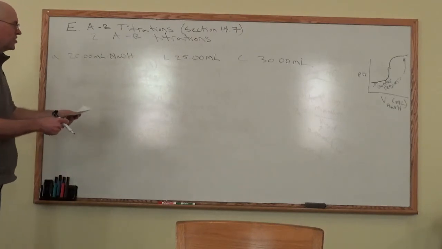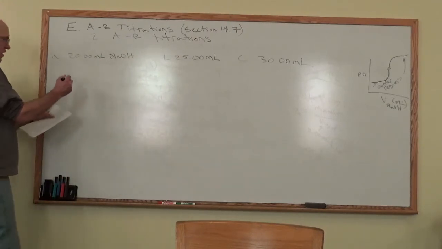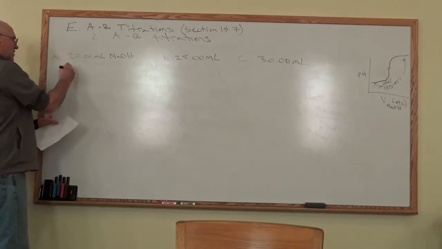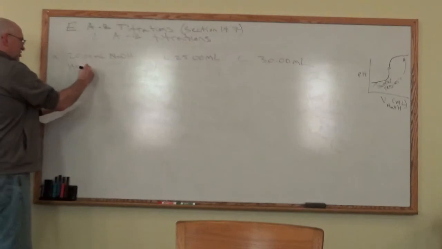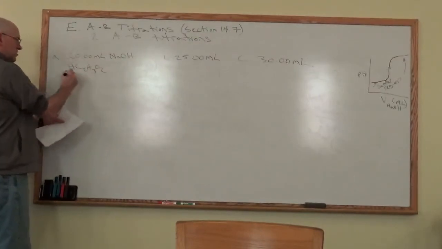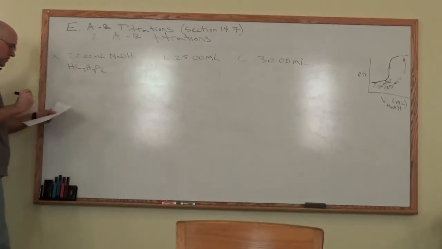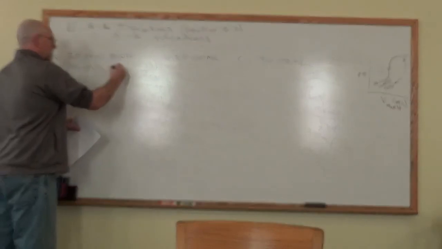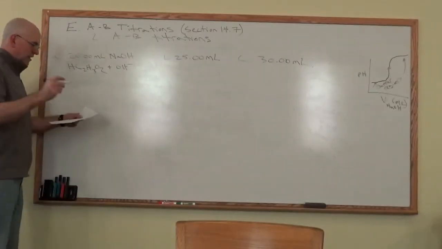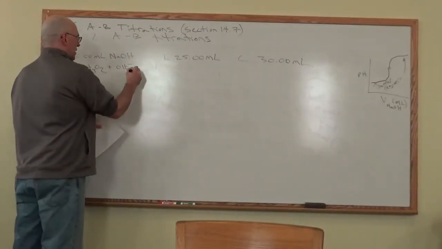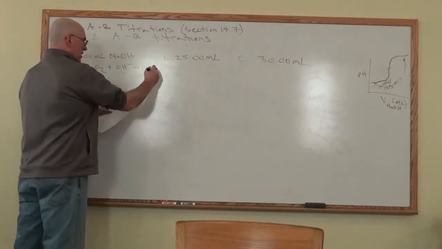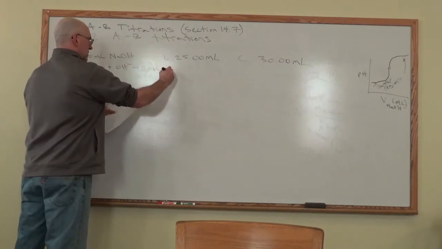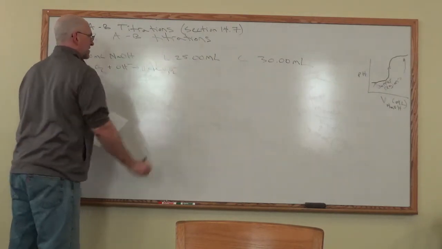The chemical equation is always the same. It's always acetic acid, HC2H3O2, just to reiterate, this is monoprotic. And we're titrating with sodium hydroxide, it's just OH minus. And we're producing water and acetate.